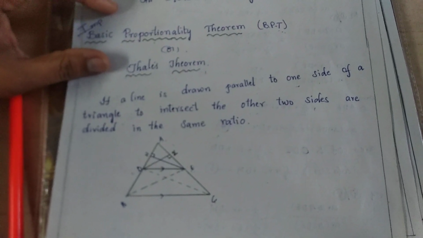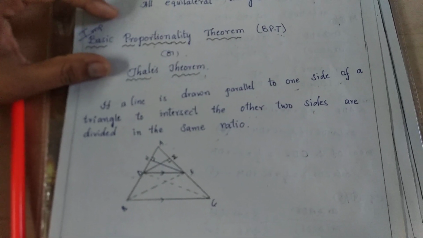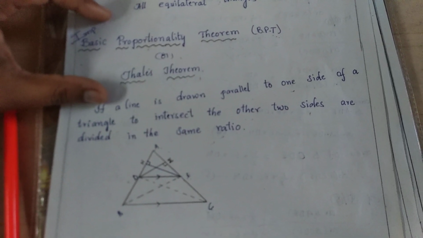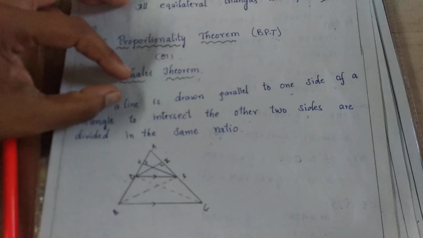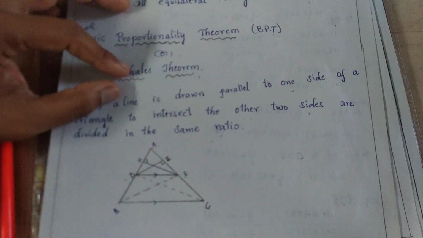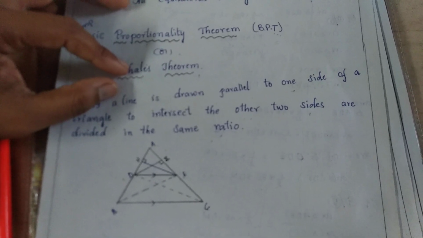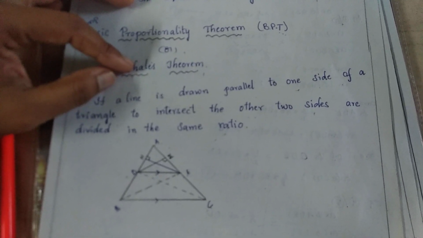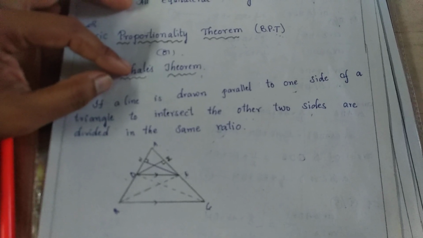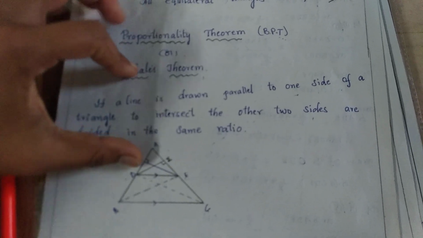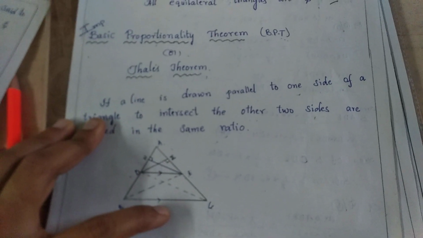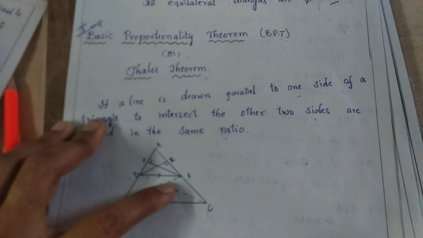It means I have to take one triangle, ABC. Then I draw a line parallel to one side. You can take AB, BC or AC, your wish. I take BC, and draw the parallel line DE. BC is the base and DE is the parallel line.